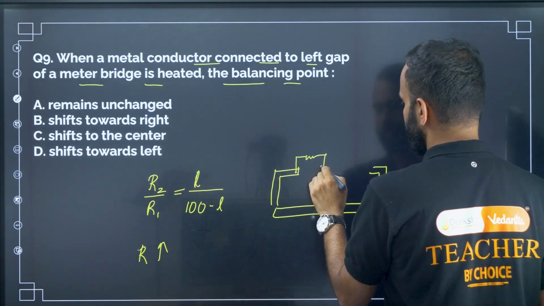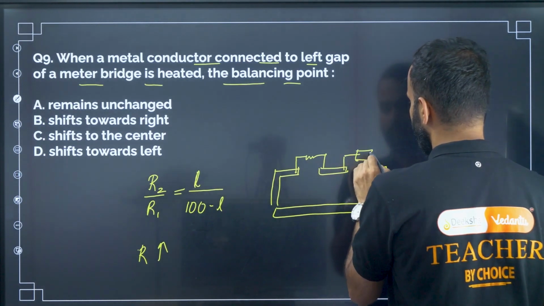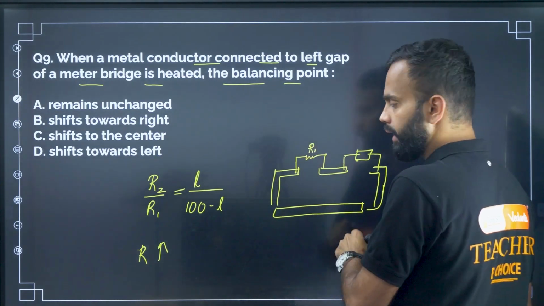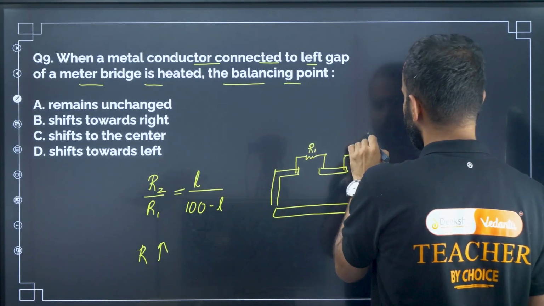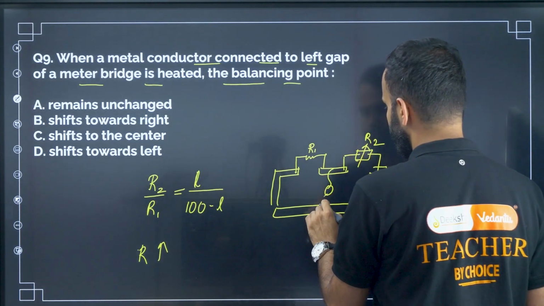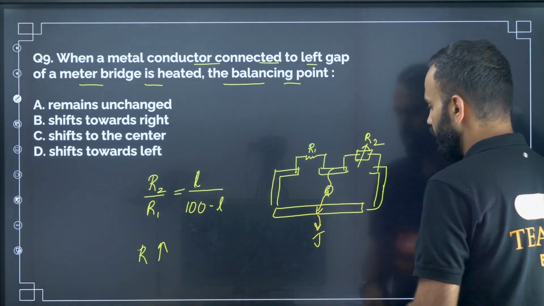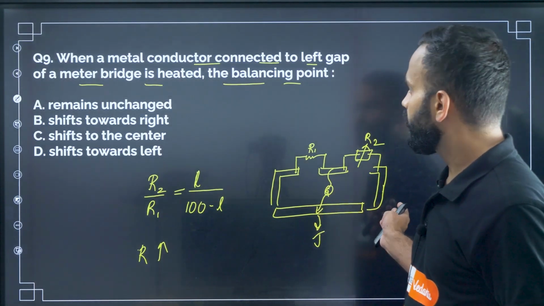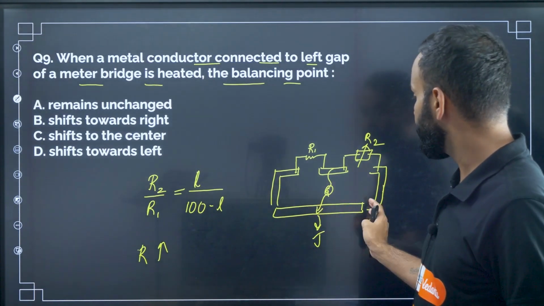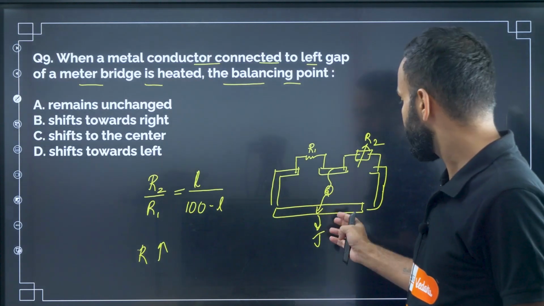This is the resistor R1, this is the variable resistor R2, this is the jockey J, and here is the galvanometer. If the left side of the meter bridge is heated, the resistance will increase.